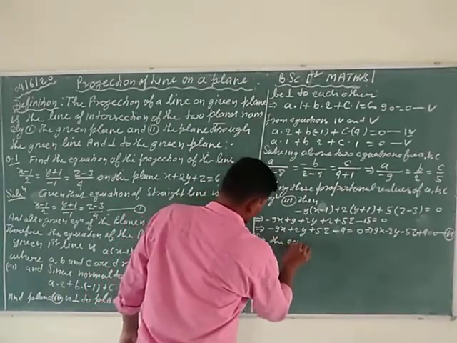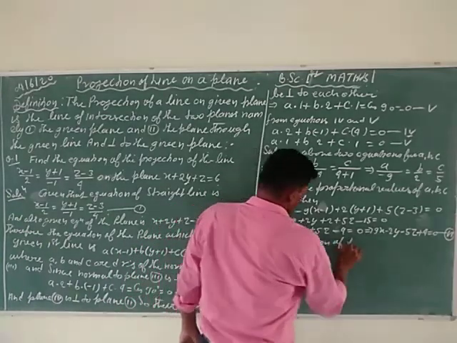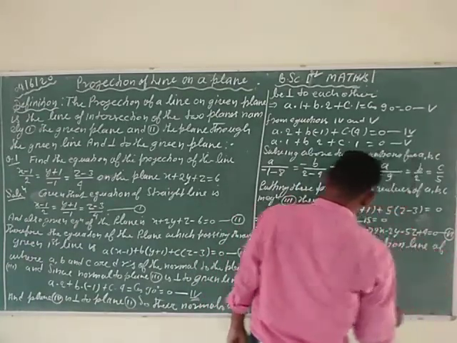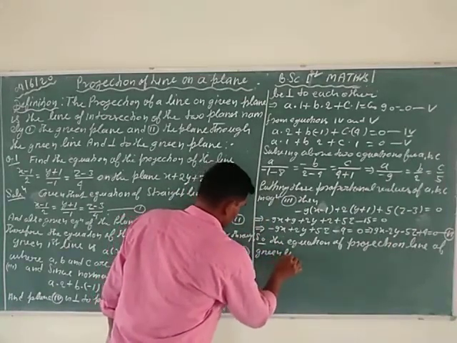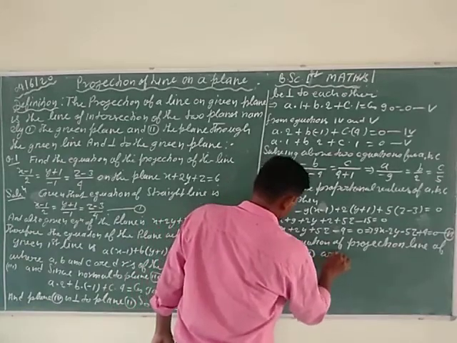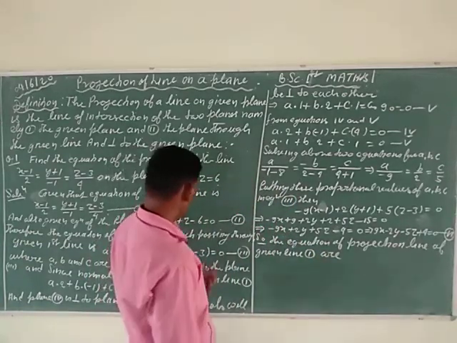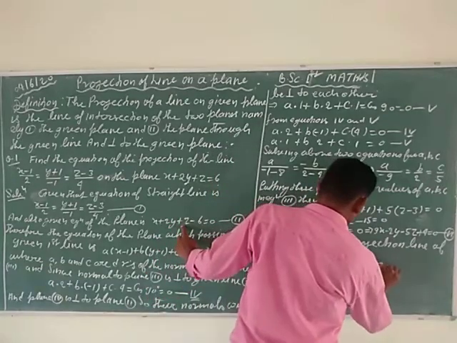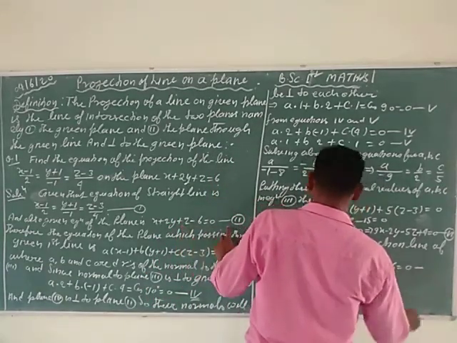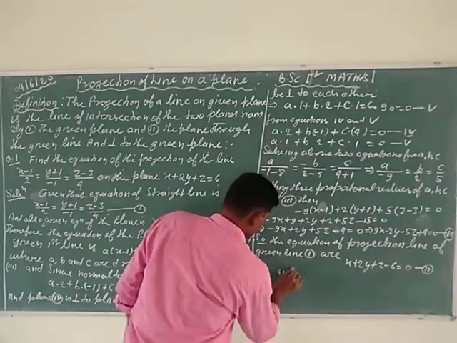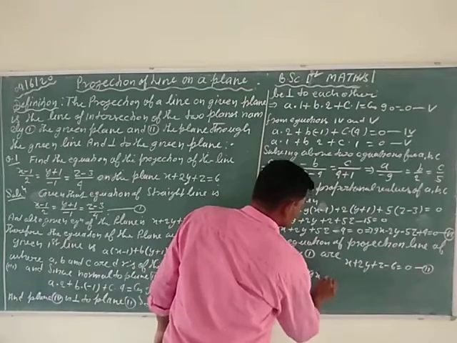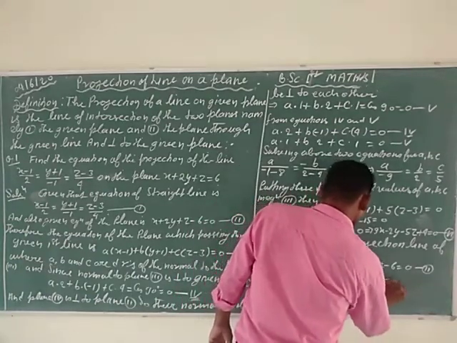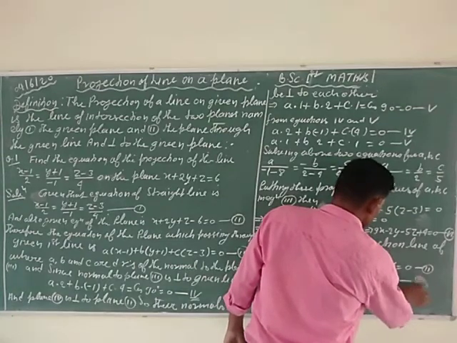Therefore, the equation of the projection line of the given line is: x plus 2y plus z minus 6 is equal to 0 is equation second, and 9x minus 2y minus 5z plus 4 is equal to 0 is equation 6.